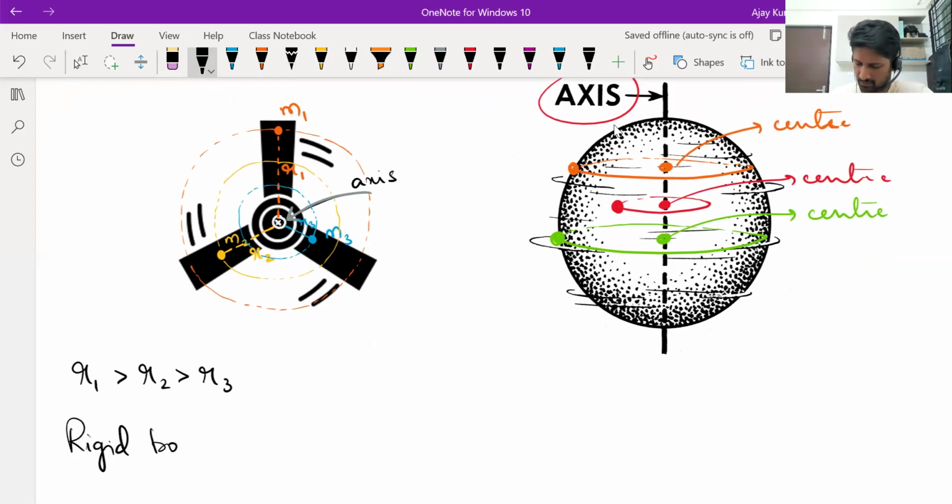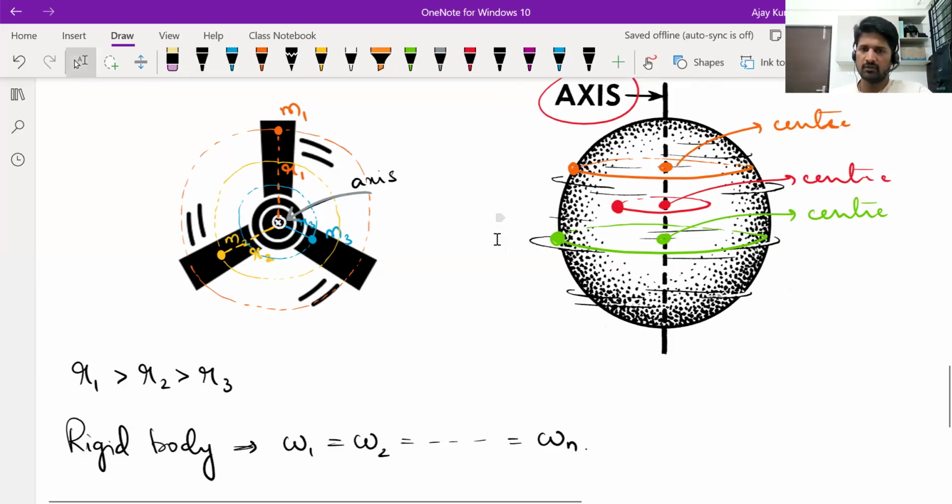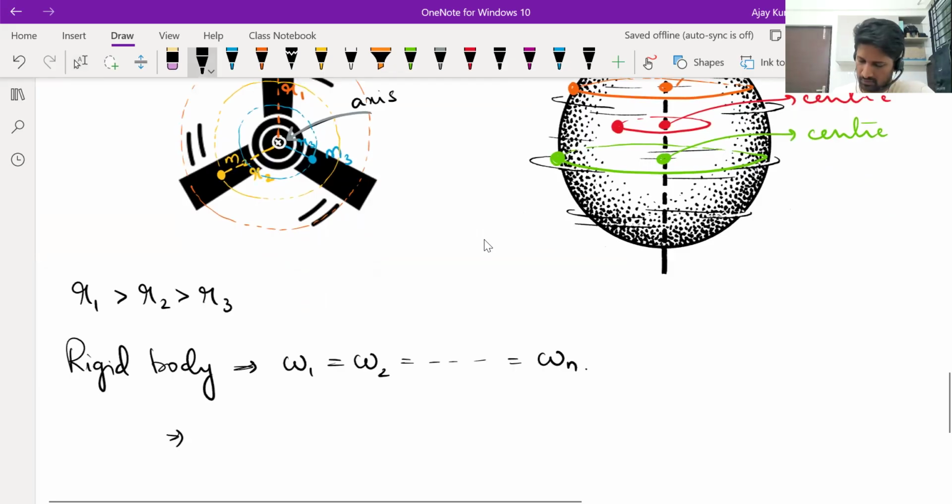This we had discussed before also. Angular velocity of the first particle should be equal to angular velocity of the second particle, and so on, equal to angular velocity of the nth particle. Okay, but when it comes to linear velocity or linear speed, in circular motion, we know linear speed and angular speed are related as V is equal to R omega. Therefore, V1 becomes R1 omega.